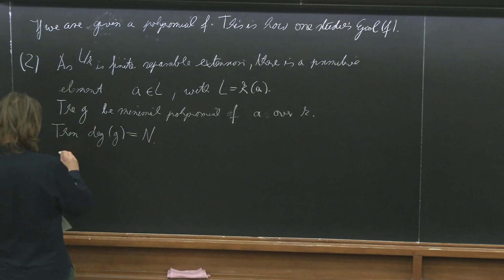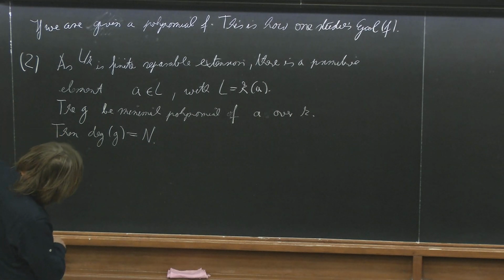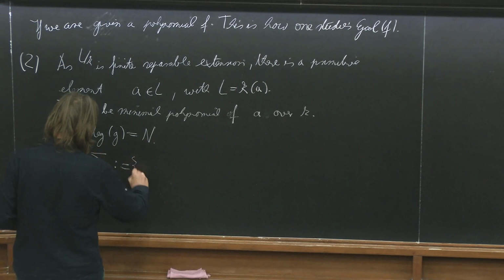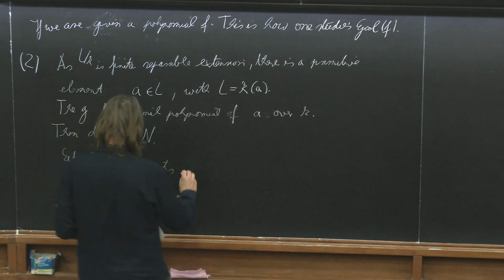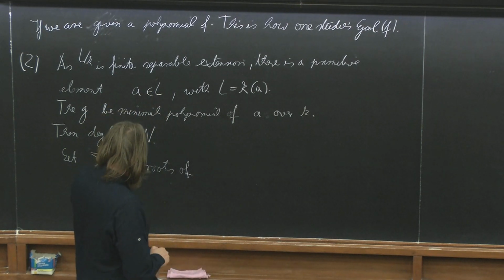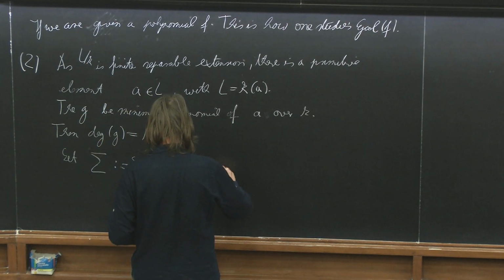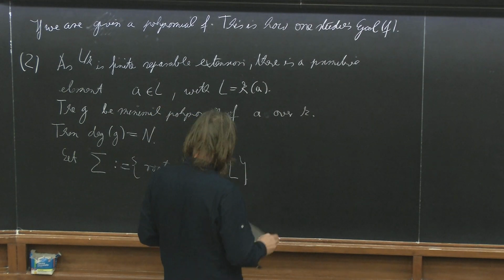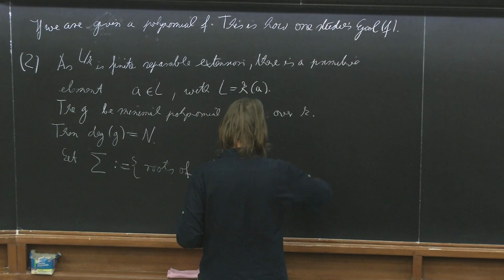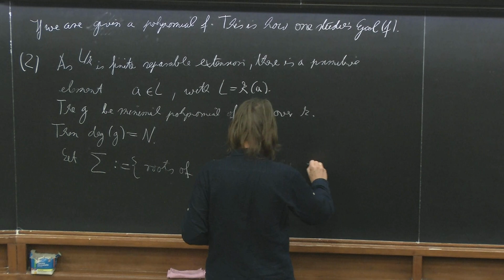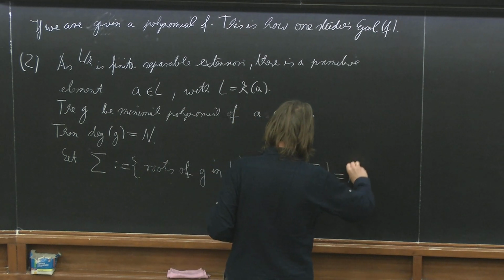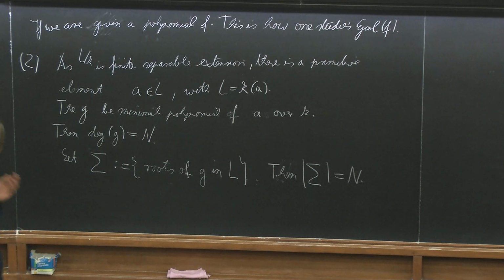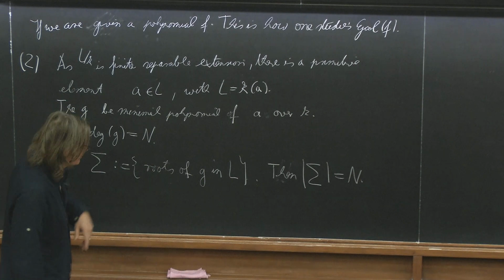And now I can take the roots of this polynomial g, let's call the set of roots sigma. We know then this sigma has large N elements, because this is a normal separable extension, so this thing splits into linear factors and has no multiple factors.